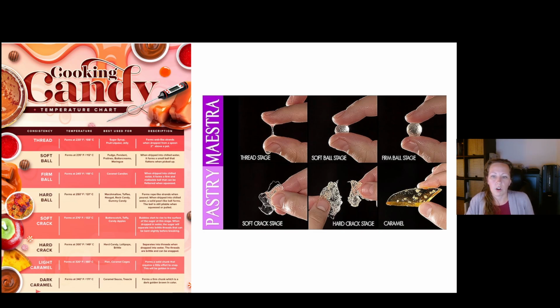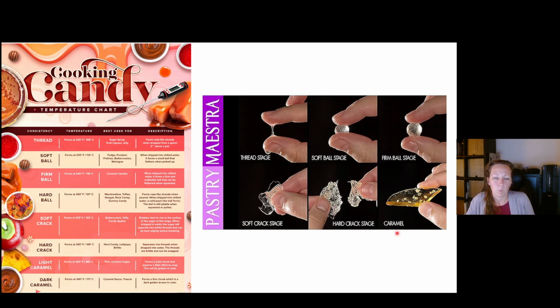For the hard crack stage, there's almost no water left in the syrup. We've heated it to 300 degrees Fahrenheit, or 149 degrees Celsius. And so it will form hard, brittle threads that, once you take it out of the water and bend it, will break. So this is the last of the major candy stages.